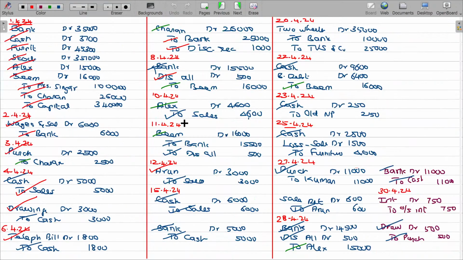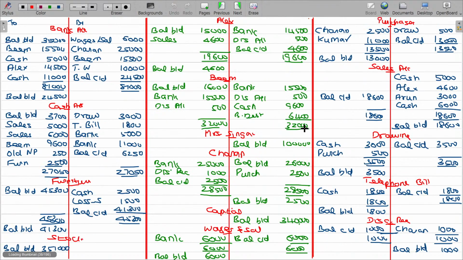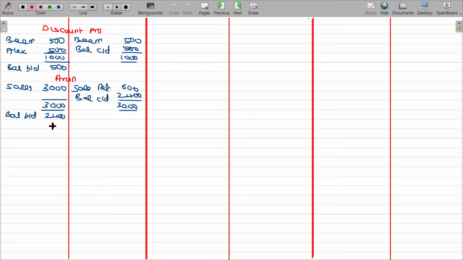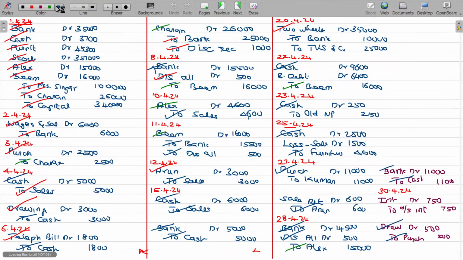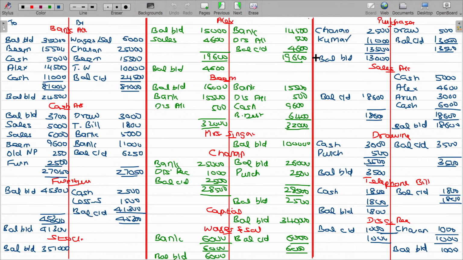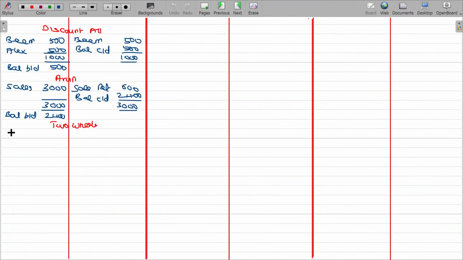After Arun, first column over, second column over, we now go for the third column. Two-wheeler. In two-wheeler, to bank and to TVS and Co. Bank is 10,000.